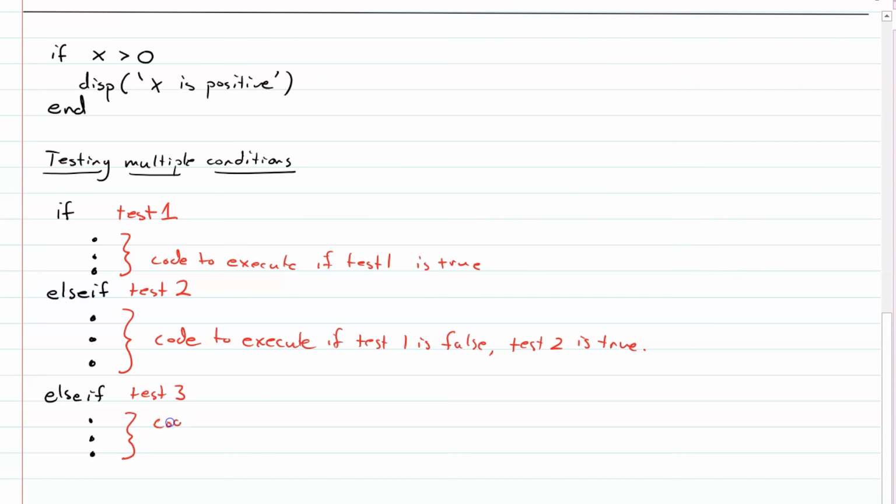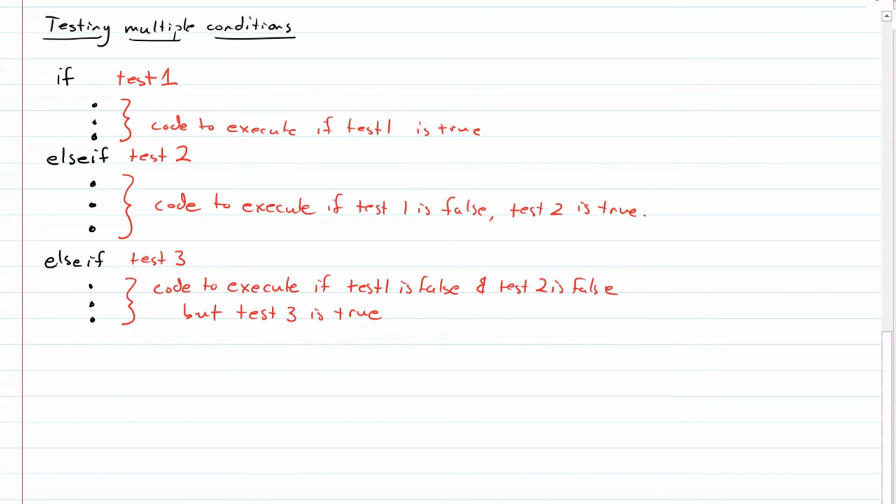So this is code to execute if test 1 is false and test 2 is false, but test 3 is true. You get the idea. I could keep adding more and more of these.